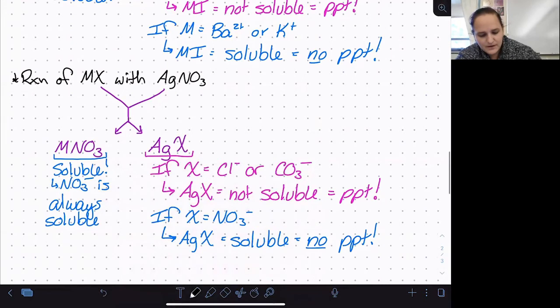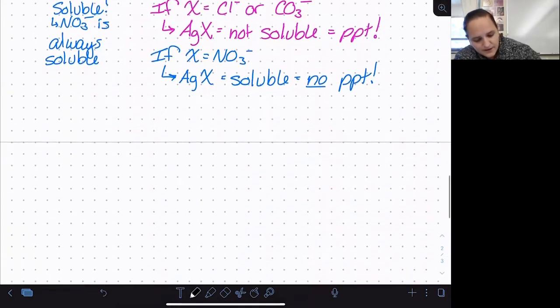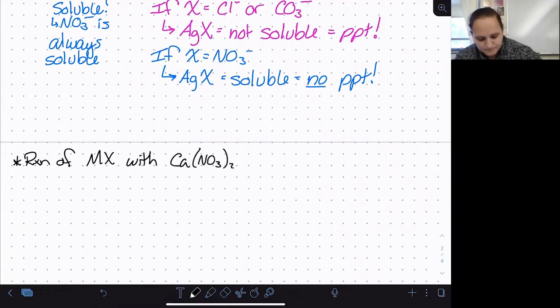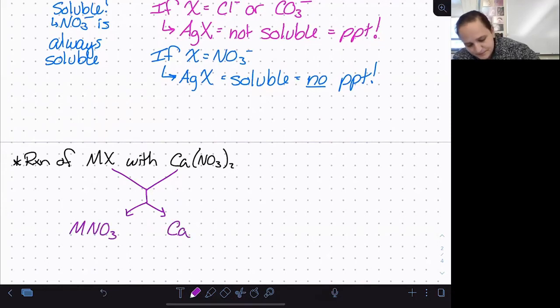So that was with calcium nitrate, was our last reaction. So we'll take our unknown and react that with calcium nitrate. So when we mix these two together, swap their ions around, we will get something where M is paired with nitrate in some way, and calcium is paired with X in some way with our anion.